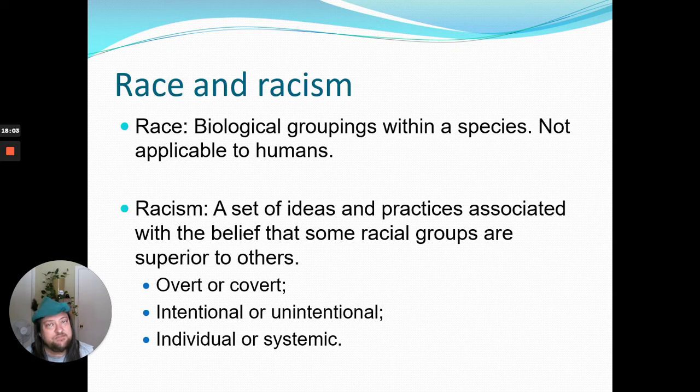So again, this will all come up, but this is an important part of learning about anthropology because a lot of anthropology helps debunk these beliefs, but you have to want to debunk them. Right? If somebody comes into an anthropology class and they have racist beliefs, they have to want to change those beliefs. If they cling to them, then none of this is going to change anything for them.